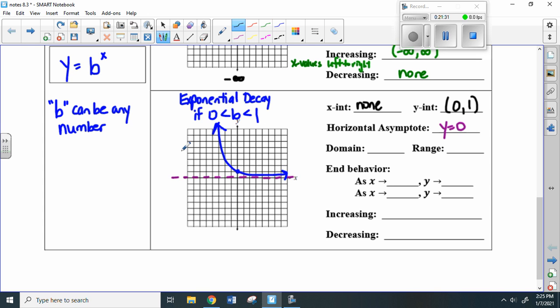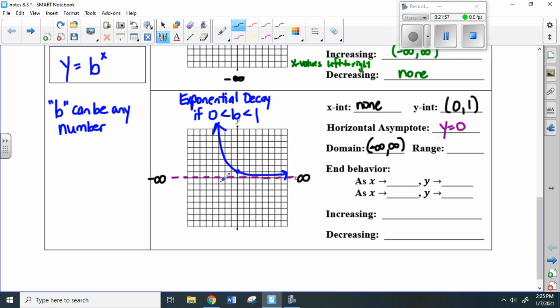The good thing about that is that a lot of things don't actually change. When I do my domain, we're talking about the x values from left to right. This end technically does go to the left forever, and this end goes to the right forever. So my domain is still all real numbers, negative infinity to positive infinity.